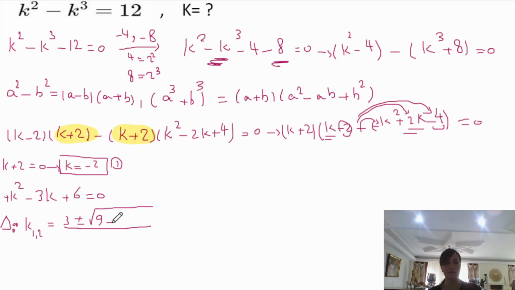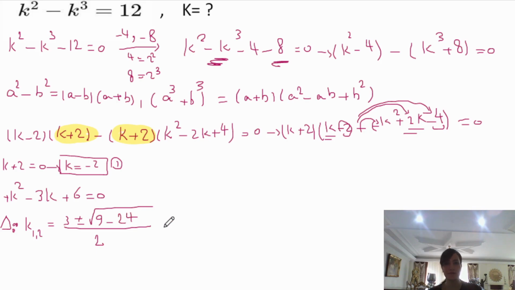So minus 4 times 1 times 6 gives me negative 24, divided by 2a. 2 times a is 2. So divided by 2.